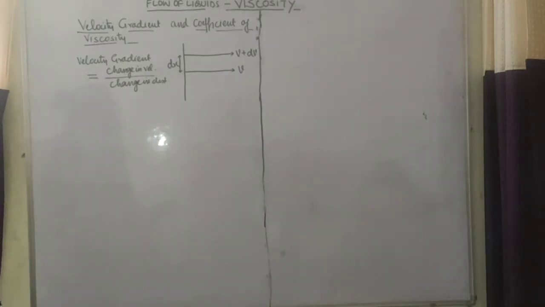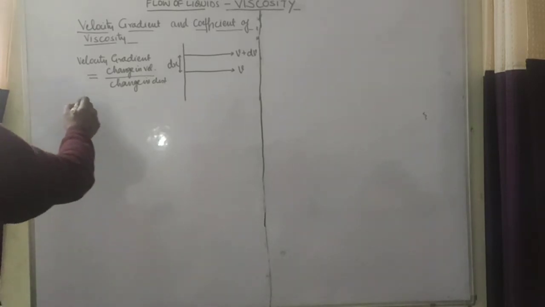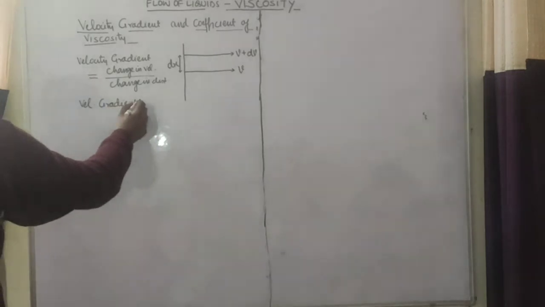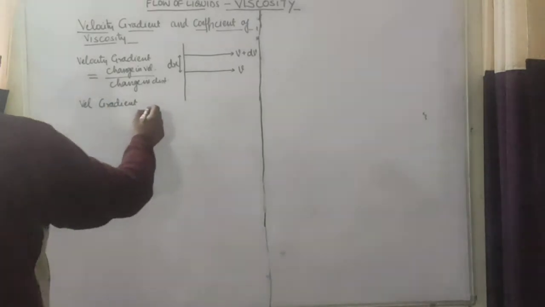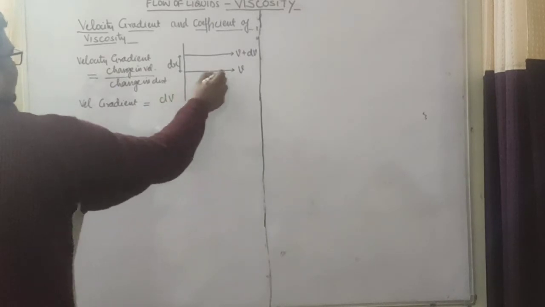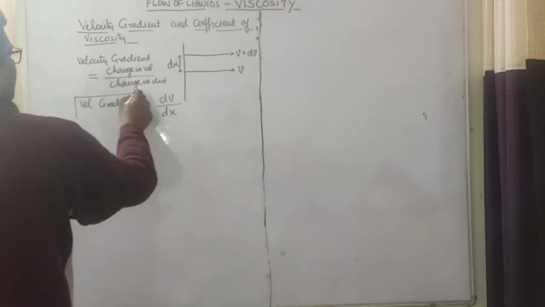If it is temperature gradient, change in temperature to change in distance. So velocity gradient is change in velocity, dv upon dx. So this is velocity gradient.